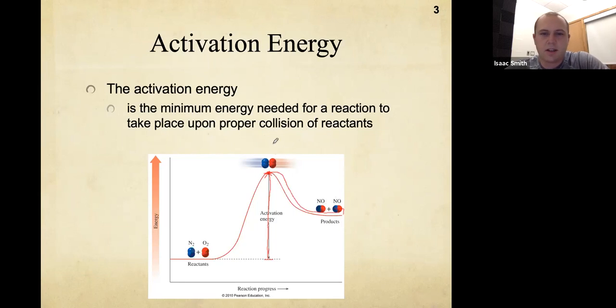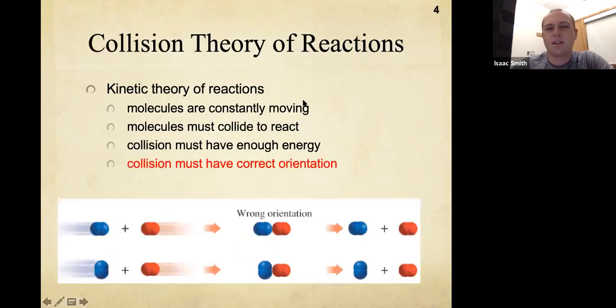And we're going to talk a little bit more about the theory, what really needs to happen. Molecules, again, are always constantly moving, right? If there's any temperature above 0 degrees Kelvin, the molecules will be moving. And in order for molecules to react, they need to collide into each other. And when that happens, they need to have enough energy on the collision.